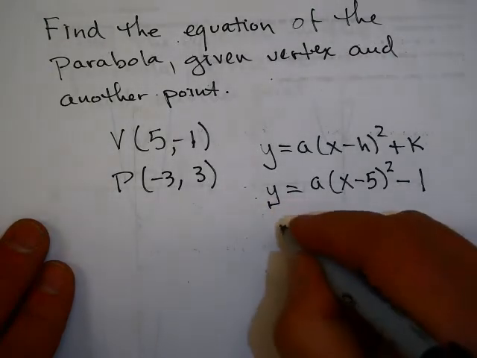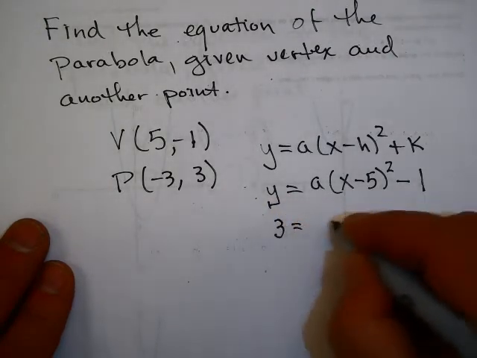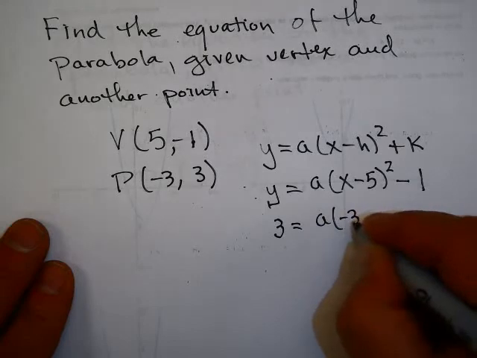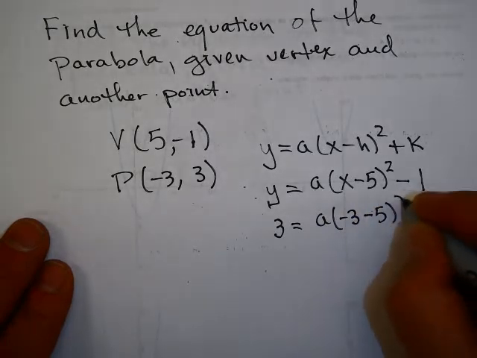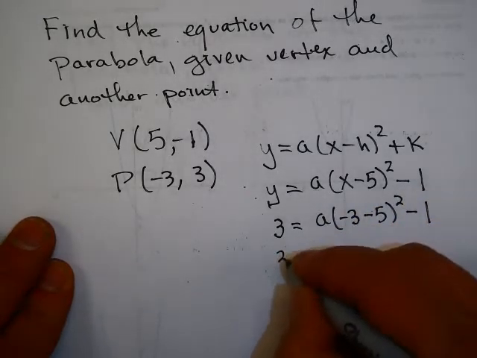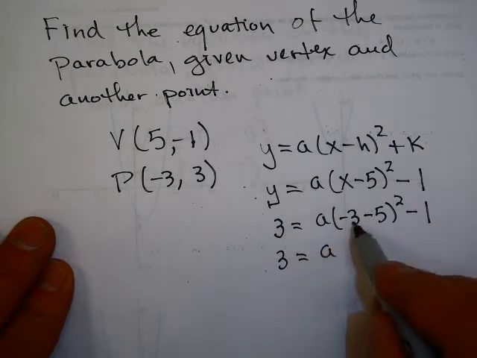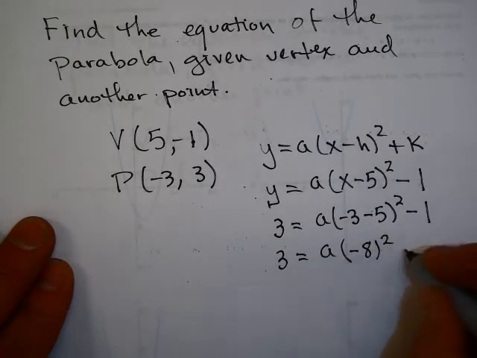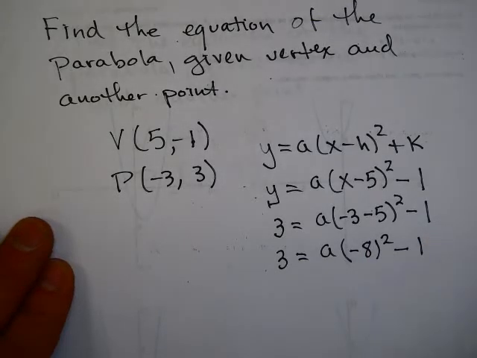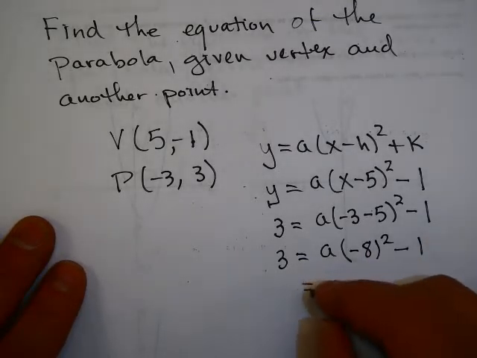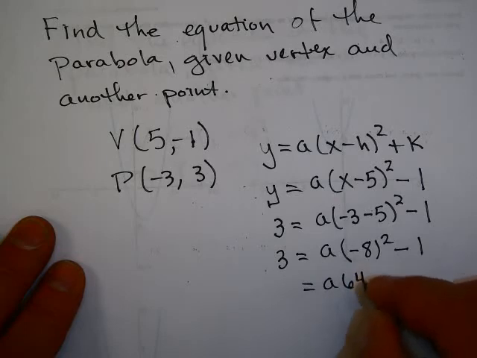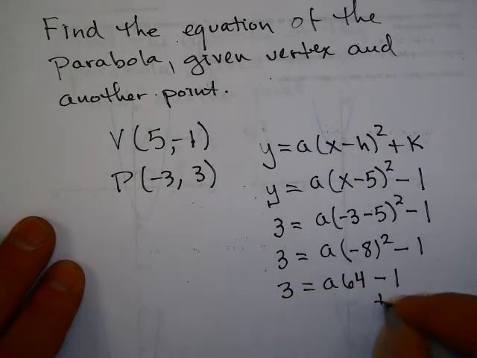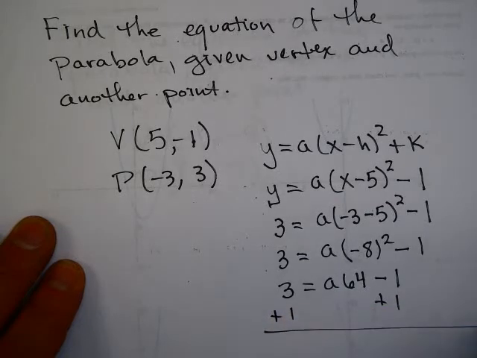So let's do that. 3 is y, and minus 3 is x. Now remember the order of operations here. Do the parentheses first. That's going to be negative 8. Now, that would give me 64. a times 64 minus 1 equals 3. So let's add 1 to each side.